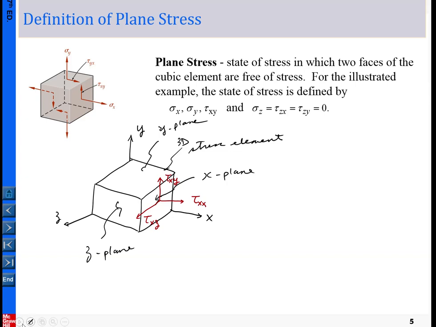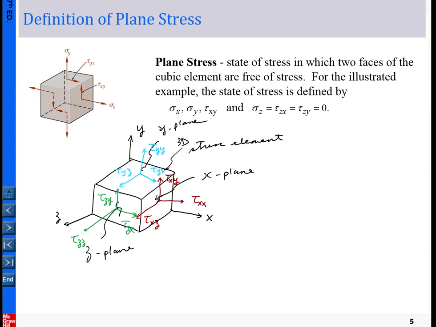Okay, and you can move on. So in the y-plane we have tau in the y-plane pointing to the y direction, in the y-plane pointing to the x direction, and in the y-plane pointing to the z direction. And finally, let me do one more. In the z-plane we have tau in the z-plane pointing to the z direction, then in the z-plane pointing to the x direction, and in the z-plane pointing to the y direction.